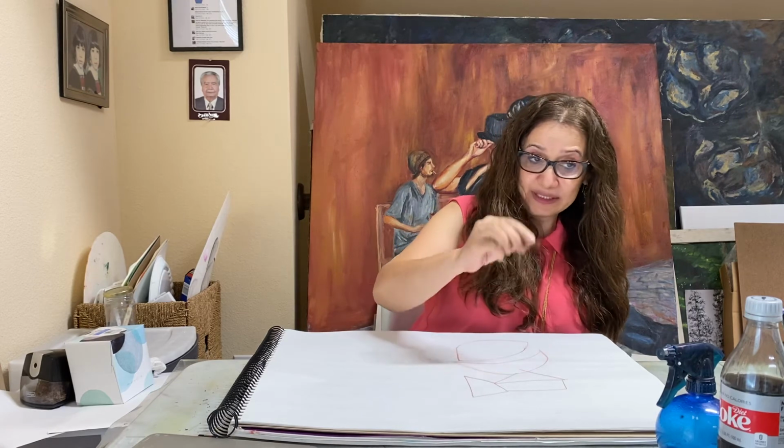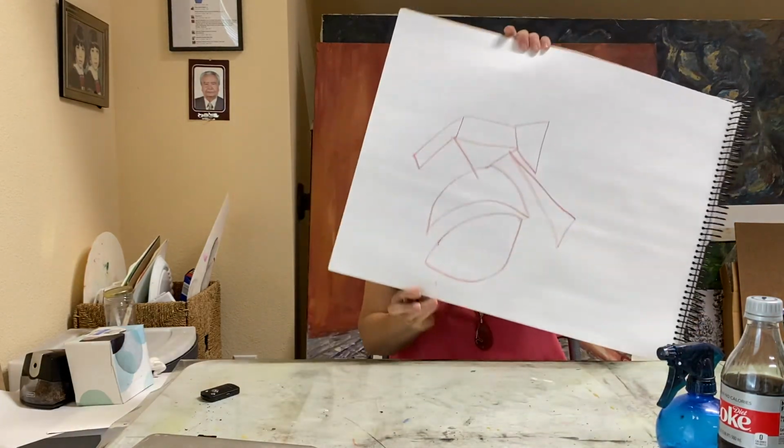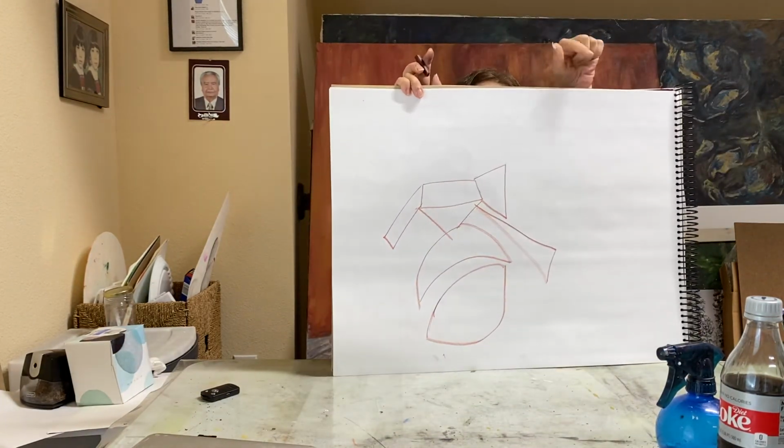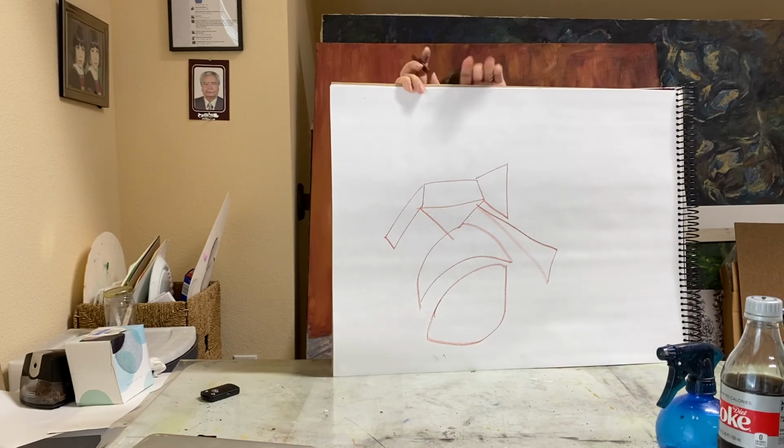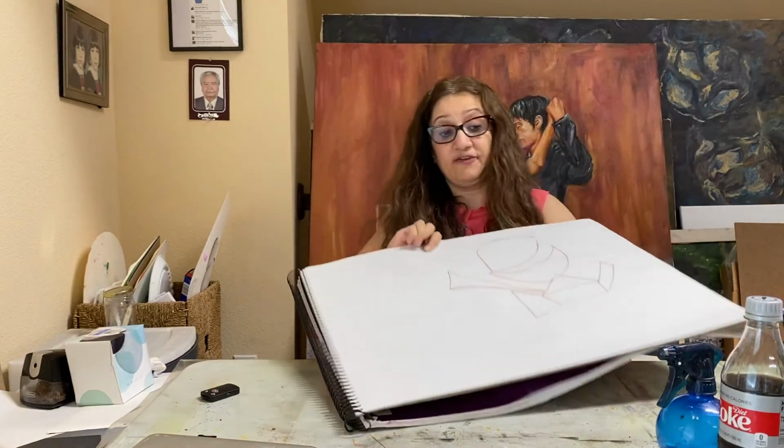I can break my shape into fragments, but still remember the important part is when I'm looking at this, I have to see the abstract shape of the blue things that I have, okay.